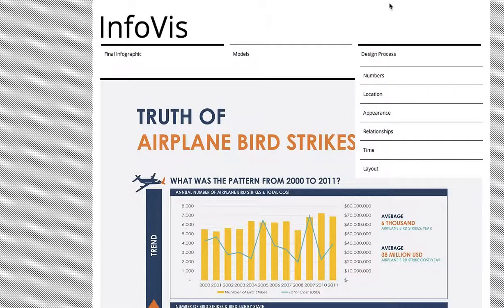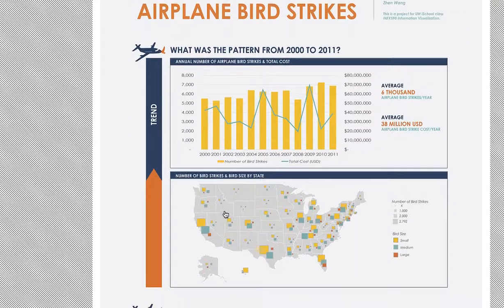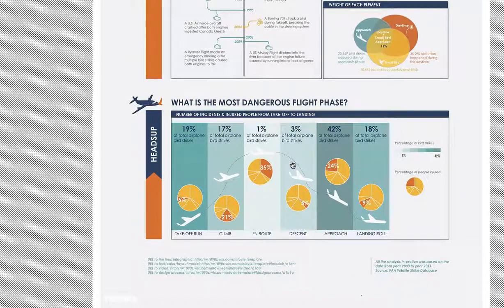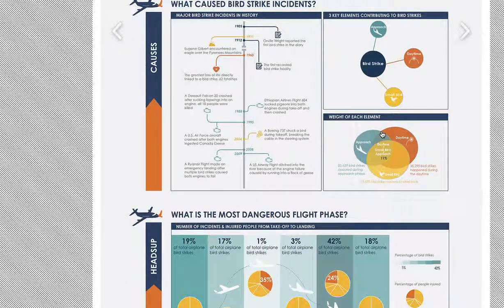Same as the layout model, the vertical banners and those subtitles in all caps clearly separate the infographic into 3 subsections, 1, 2, 3, leading the viewers to read from the top to the bottom and the left to the right.